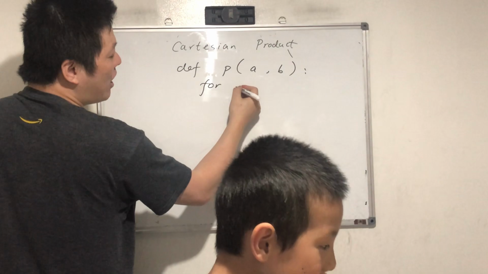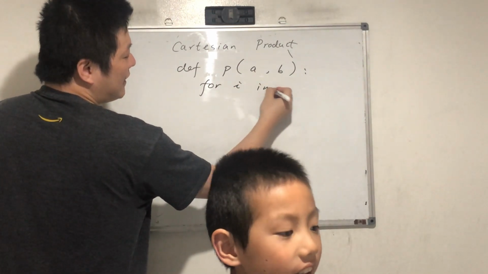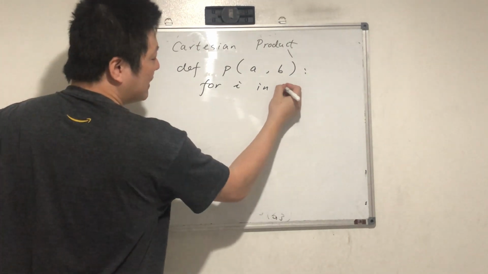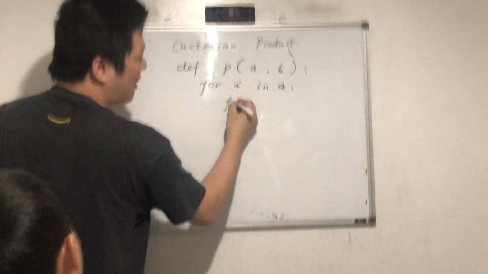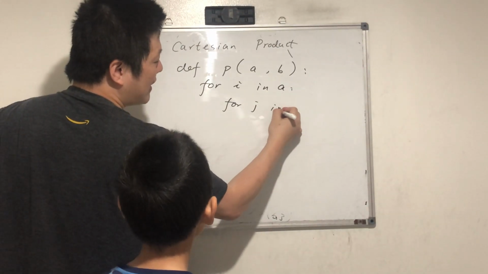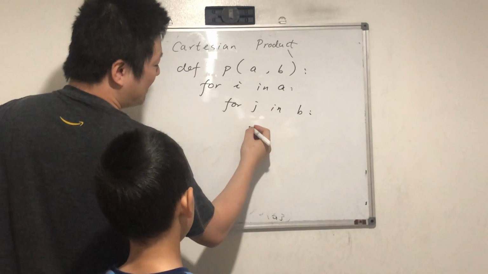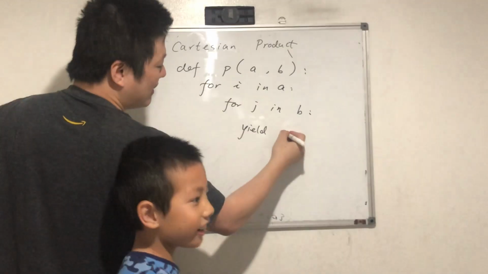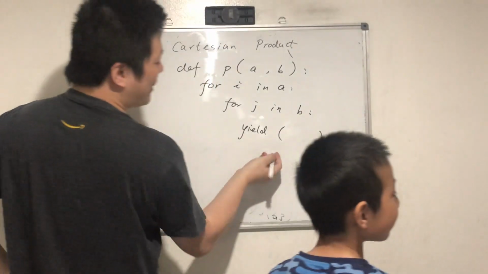Now look, we can do this: for i in A, if we want to go to the first element, and then for j in B, and then yield. Remember this keyword? Yield. Yield the tuple of what? Can you tell me?